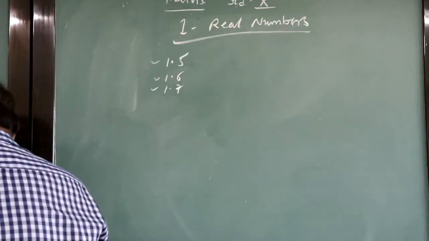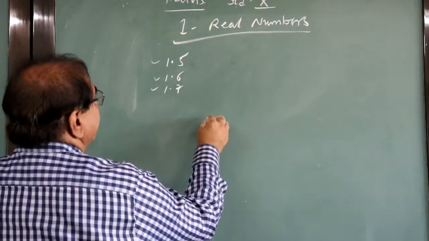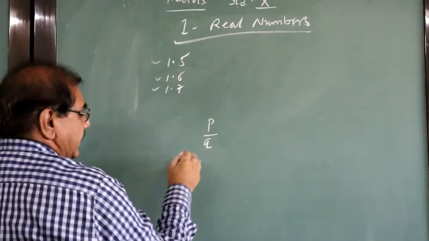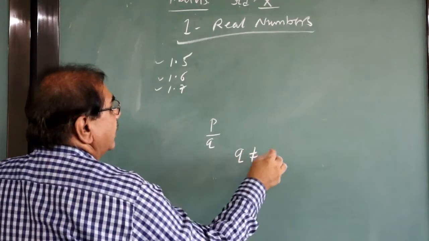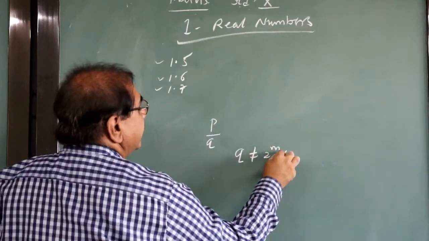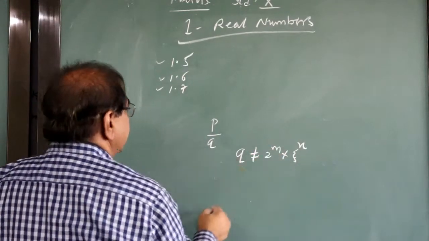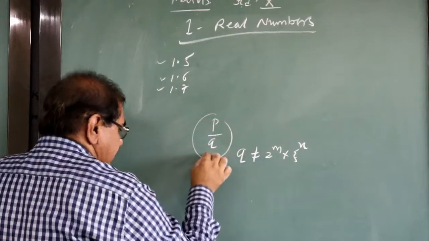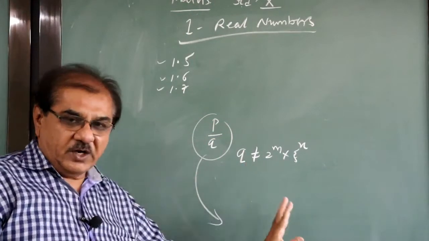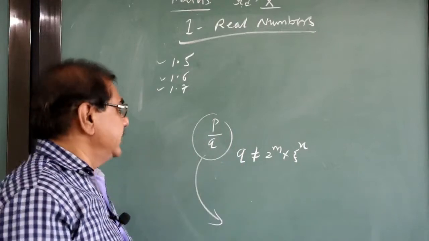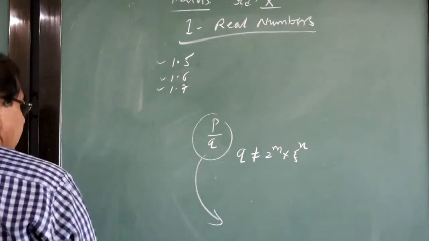And 1.7 was: if in the fraction p upon q the prime factorization of q is not of the form 2 raised to m into 5 raised to n, then the decimal expansion of this rational number is non-terminating and recurring. That much we have seen.